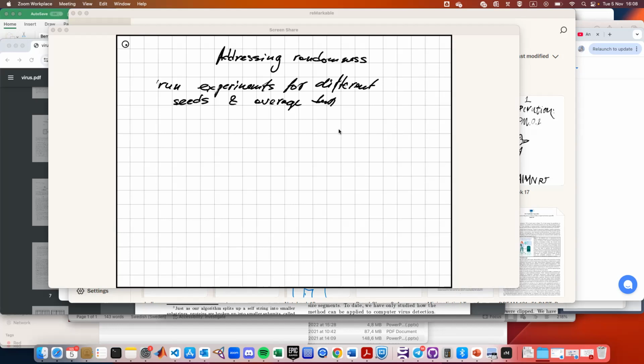In the case of non-separated data sets, so when you do testing by cross-validation, four-fold cross-validation, then you need to average across folds and across seeds within each fold.